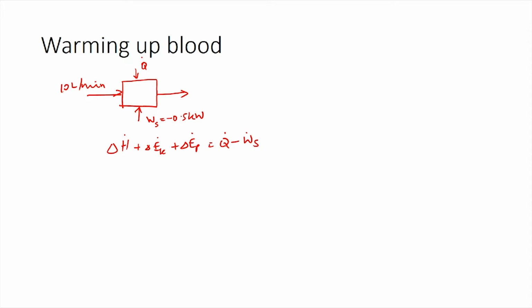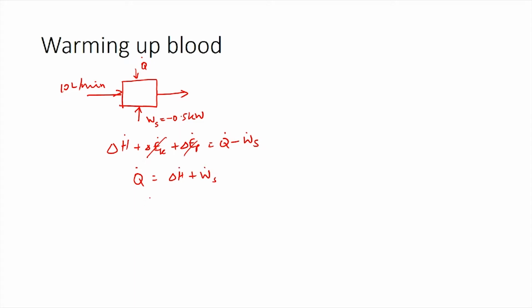In this equation we can ignore kinetic and potential energies because there is no change in height given to us, and also no change in the velocity of the blood which is flowing. Because of this, the equation simplifies to Q dot equals delta H dot plus Ws dot.